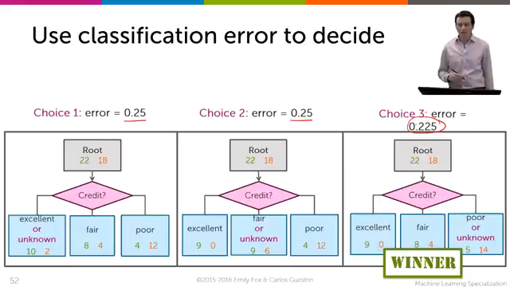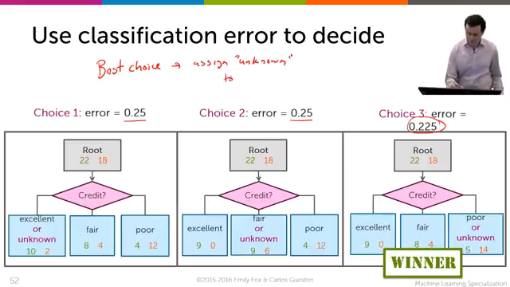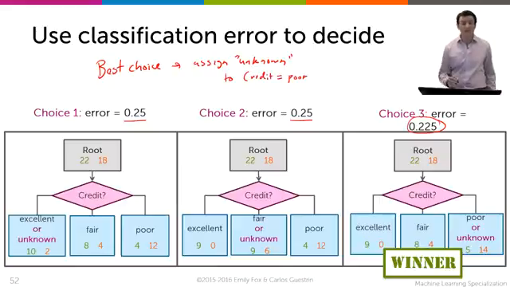And so that's a lower error, so this is the winner. So the best thing to do would be to assign unknowns to the poor branch, to credit equals poor, which is exactly what we did in the earlier tree.